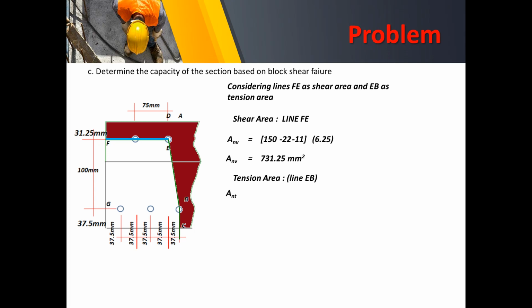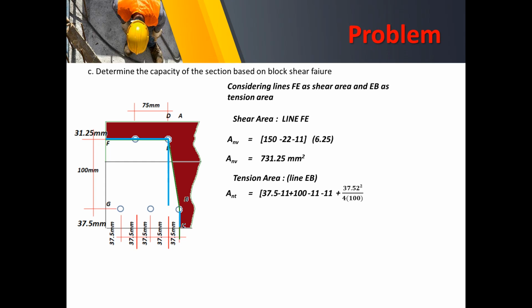So moving on to the tensile area along line EBC. On that line EBC, the net tension area is 37.5. That is from C to B. Okay, from C to B is 37.5 minus 11. Of course, we deduct the half of our bolt dimension. Okay, so this is the line. And then of course, we also add 100 minus half of the bolt at B and the half of the bolt at E. And that is actually this distance.